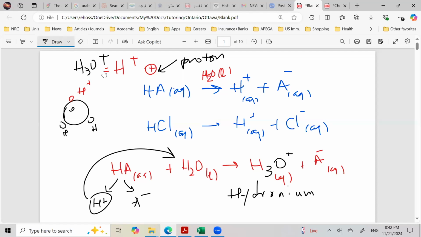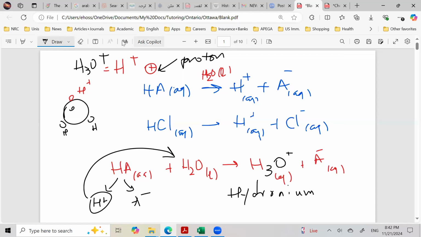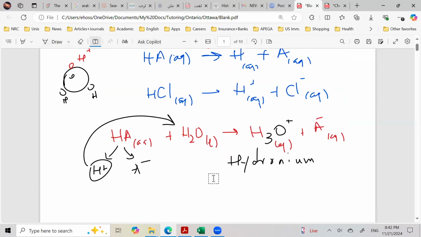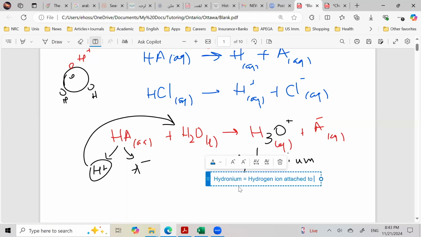So hydronium basically is the same as hydrogen. Let me put it down this way: hydronium is hydrogen ion attached to water.